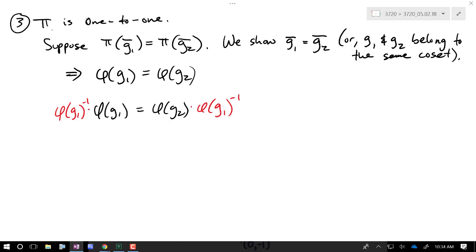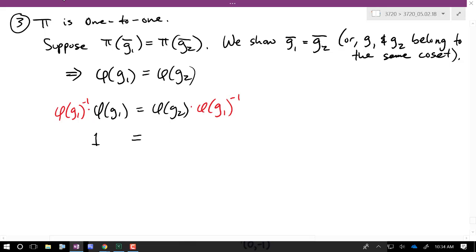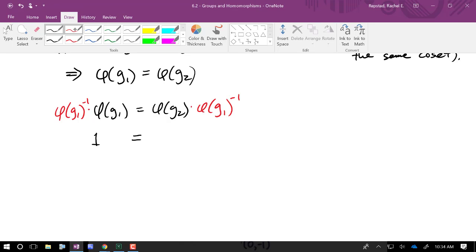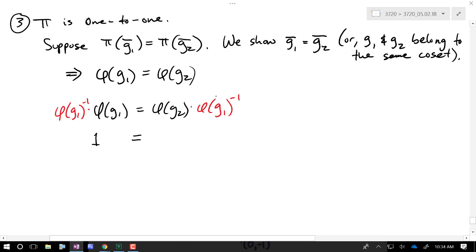Yeah, we're multiplying an element by its inverse, so this is 1. And then on this side, I'm just going to use the homomorphism properties a little bit. We know that phi of G1 inverse is the same as phi of the inverse of G1, right? It maps inverses to inverses, and then phi of G2.